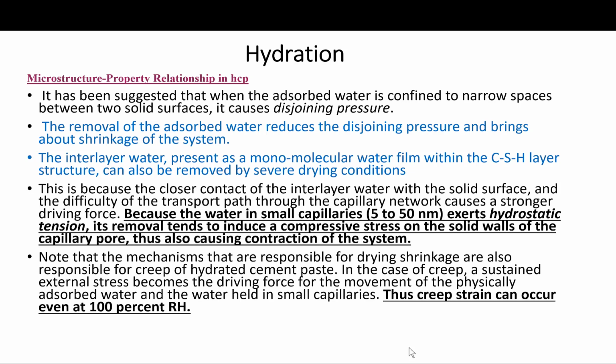This is because the closer contact of the interlayer water with the solid surface and the difficulty of the transport path through the capillary network usually call for a stronger driving force, because the water in small capillaries between 5 to 50 nanometers exerts hydrostatic tension. Its removal tends to induce compressive stress on the solid walls of the capillary pore, thus causing contraction in the system.